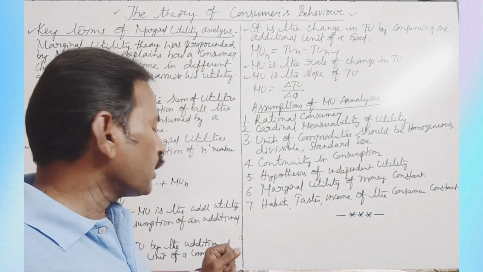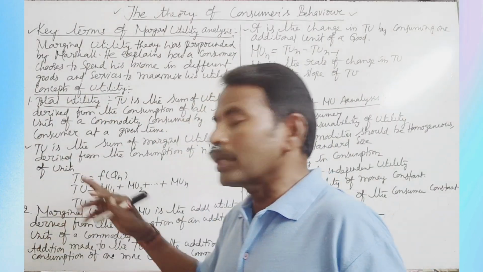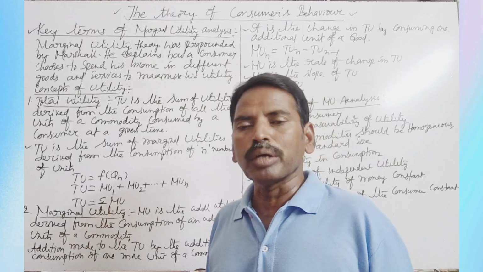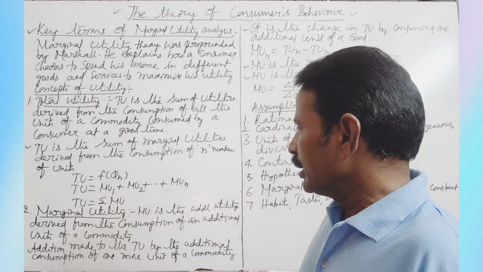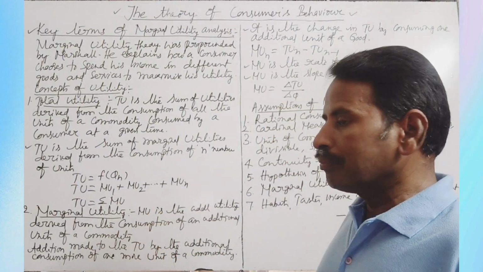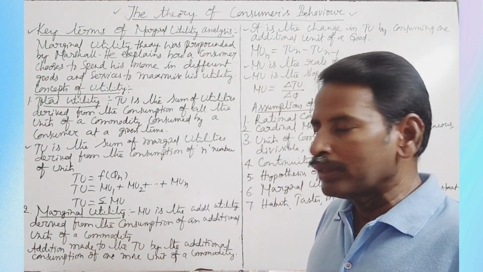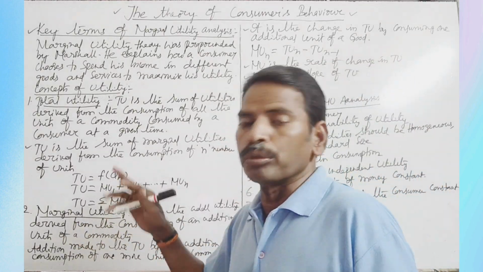Next, the second one is marginal utility. Marginal means additional. So marginal utility is the additional utility derived from the consumption of an additional unit of a commodity.